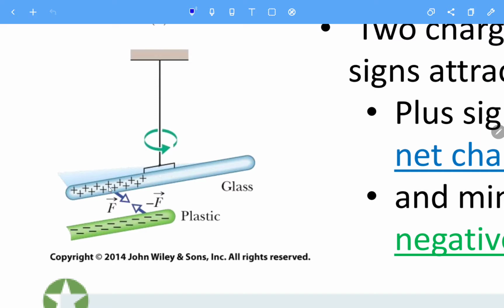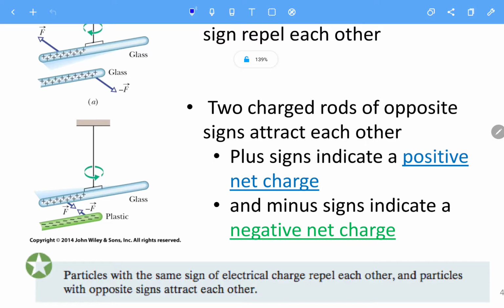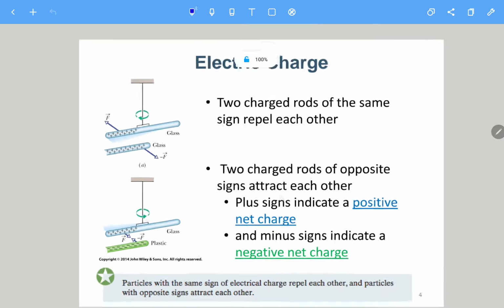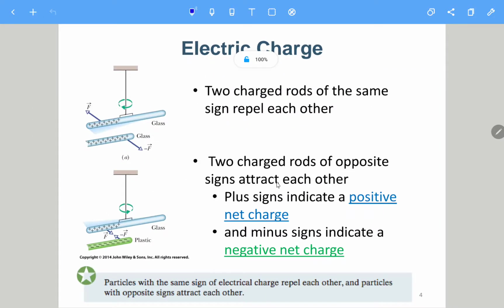Why will it be like that? Why is this positive? Why is this negative? I don't know. It should be something like a chemistry issue, but they only try to explain this phenomenon using the concept of charges, the polarity of charges. Okay, so the 2 charged rods of opposite sign attract each other.